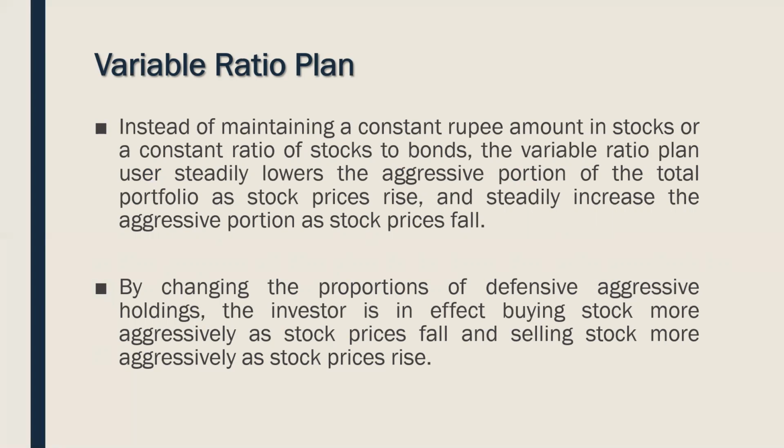By changing the proportion of defensive and aggressive holdings, the investor is in effect buying stock more aggressively as stock prices fall and selling stock more aggressively as stock prices rise.